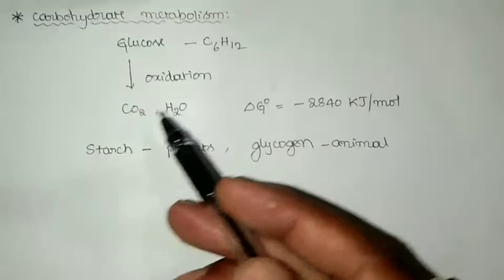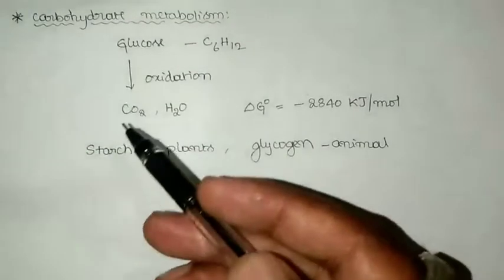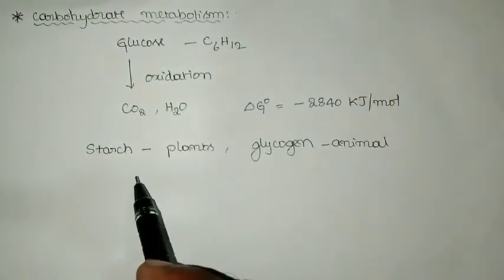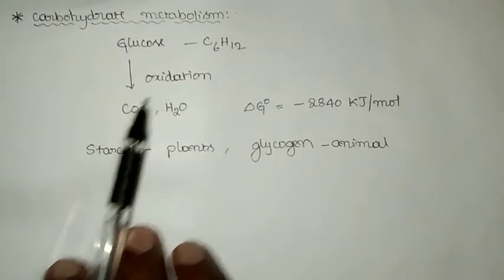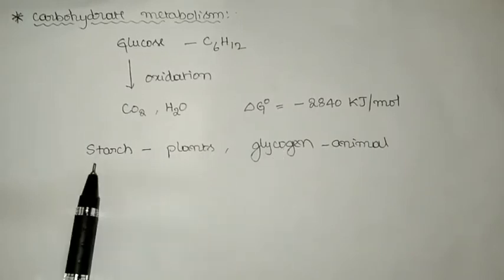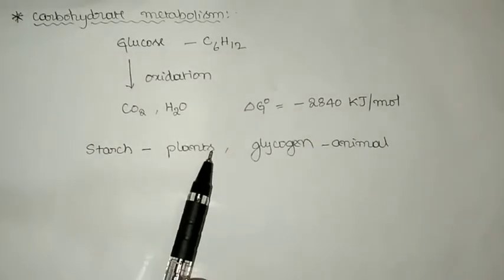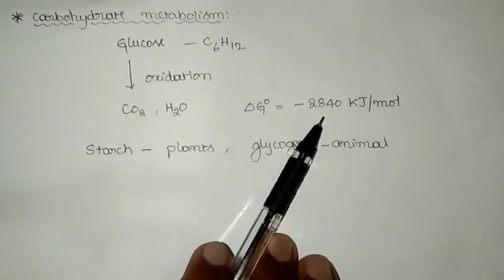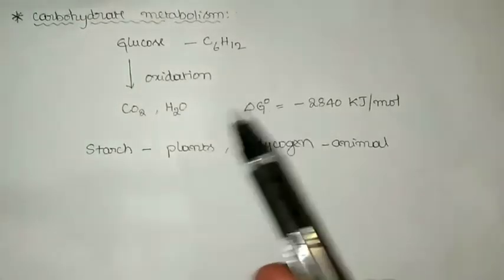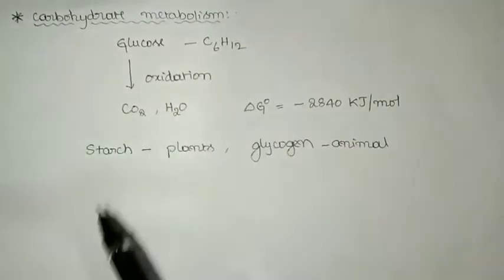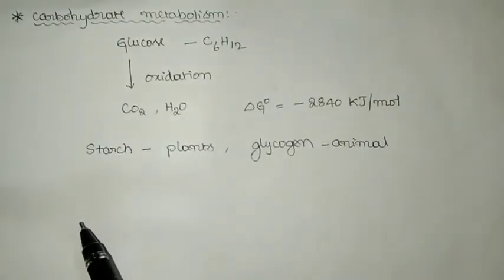Okay, and when the cells are in need of energy, glucose will be released quickly from these complex polymer molecules, which we can also call storage polymers. The released glucose will undergo oxidation and produce a huge quantity of energy, which will be used for carrying out the cellular activities as well as, once again, to maintain the body temperature.